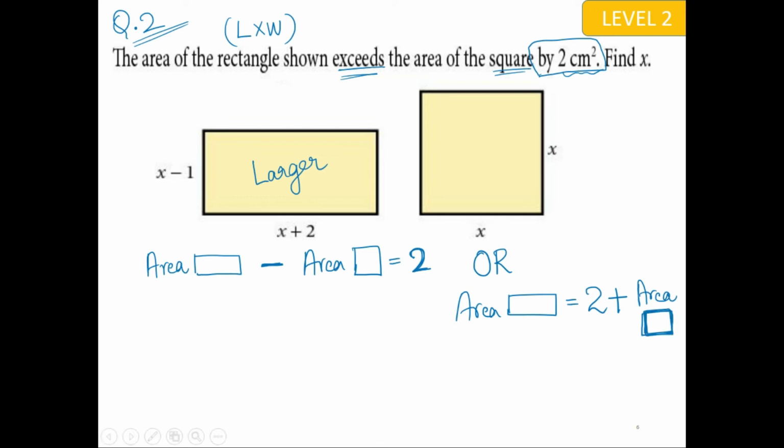I'm giving you both ideas because whichever comes to your mind as you read, both equations are the same.